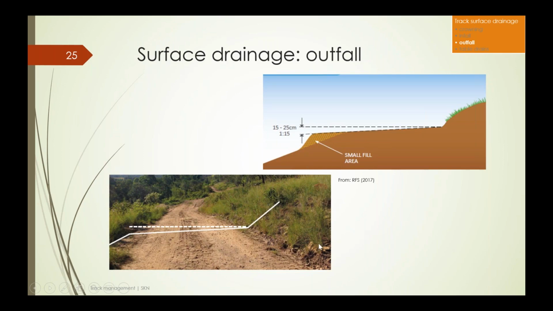Basically what we're trying to do is get the water off the road as soon as possible, so we want the water to drain across rather than run down. By creating outfall drainage, we can do this with a minimum of fuss. You can see there's no need for a table drain on the inside, as the water will drain over the edge and onto the forest floor.